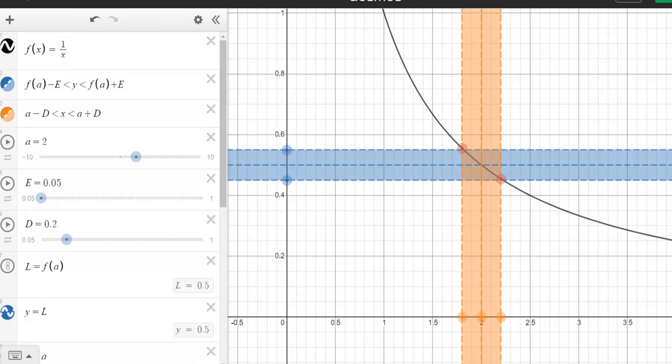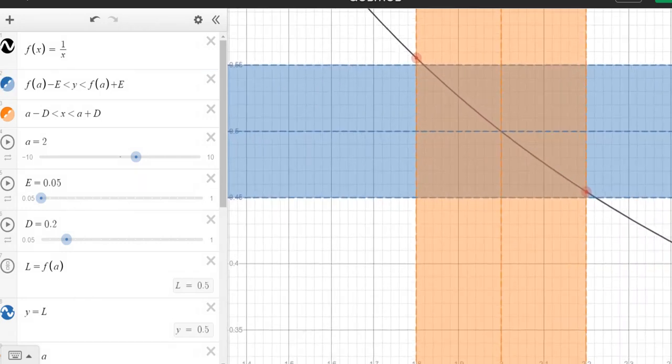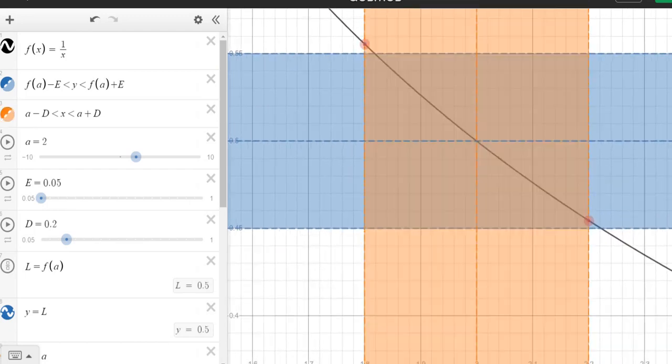Now let me enlarge this. Oops, actually, there, I'm trying to enlarge it as much as I can without making it go nuts. Okay, and then D is 0.2, and look at that 0.2. You kind of see that this one at 0.2, that's because of the non-linear nature of this curve.